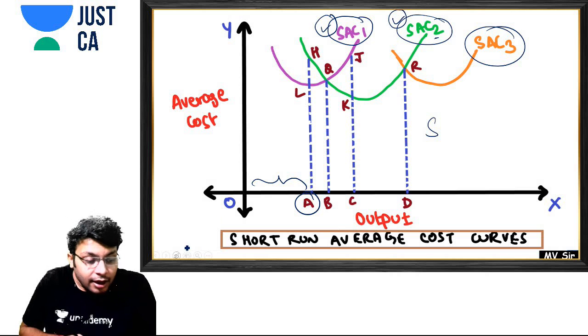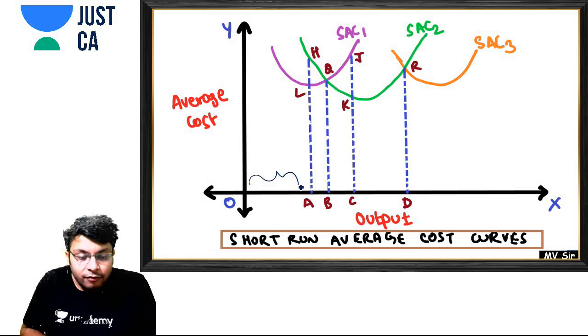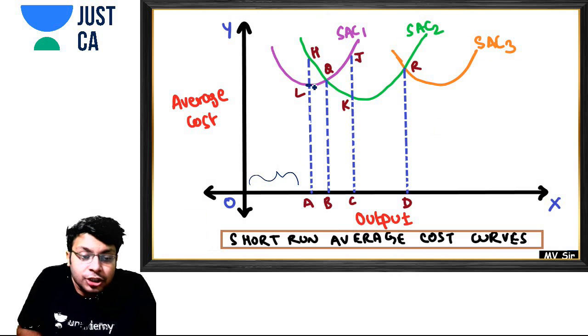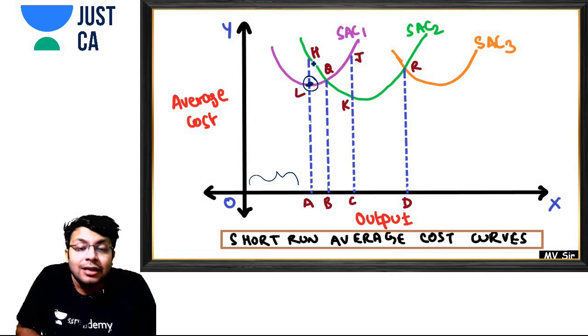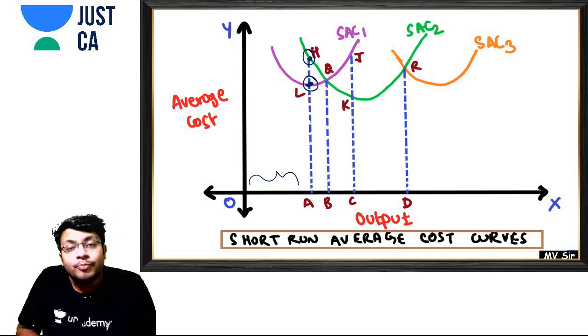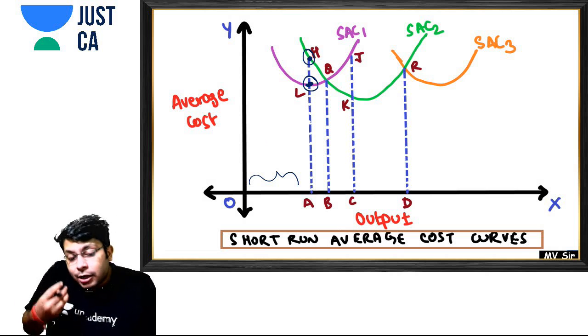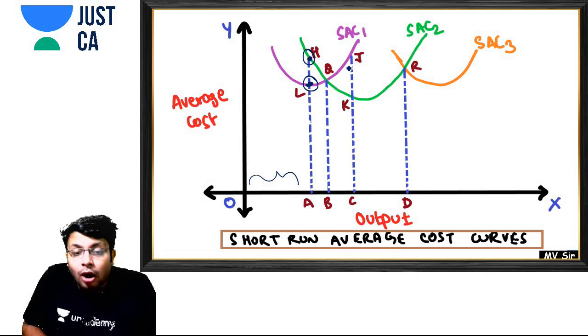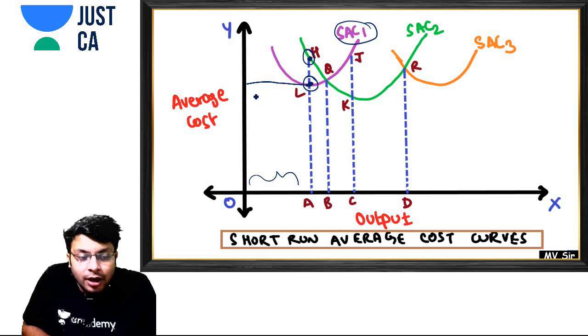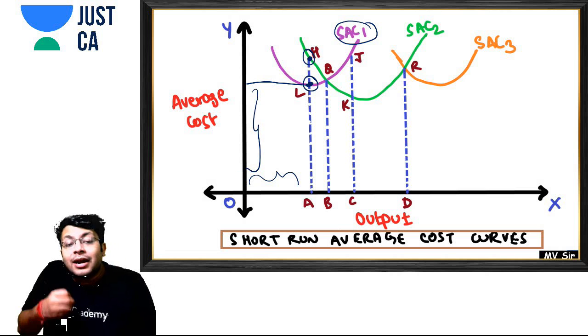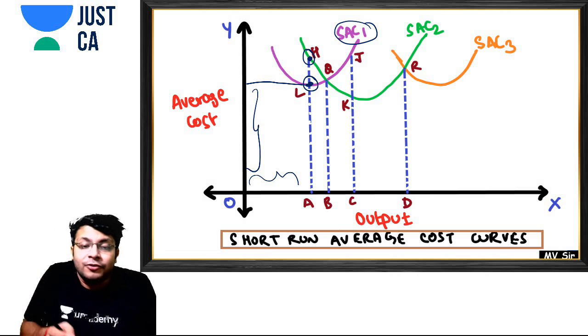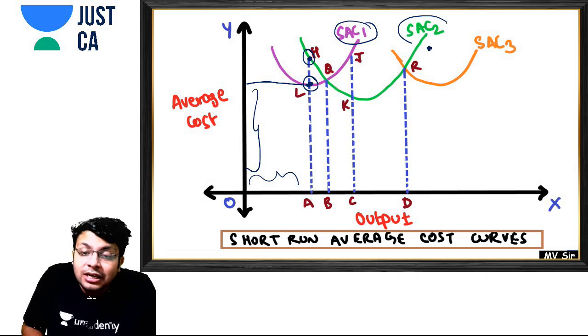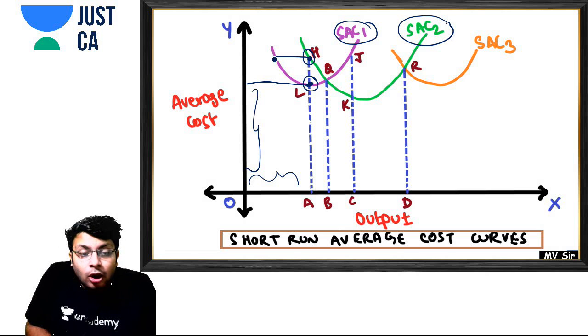If you are producing OA units on short run average cost curve 1, you are incurring a cost up to here. But if you produce OA units on short run average cost curve 2, your cost is more over here.